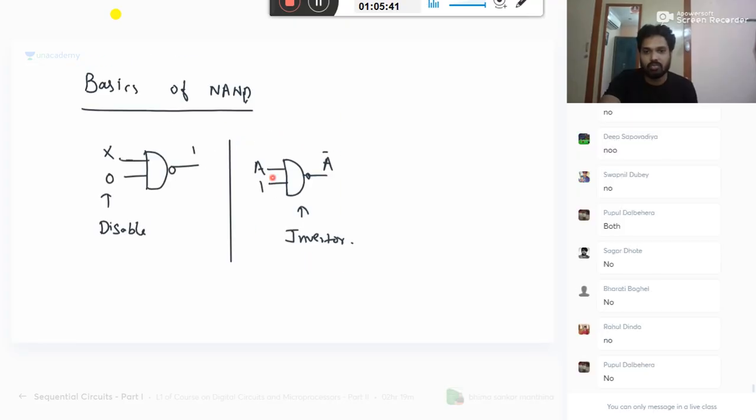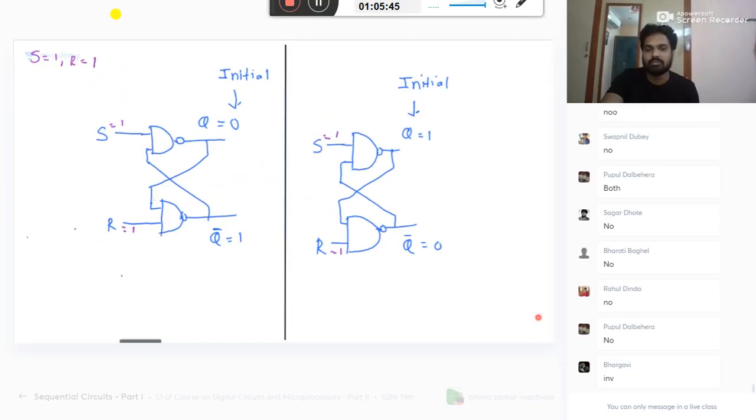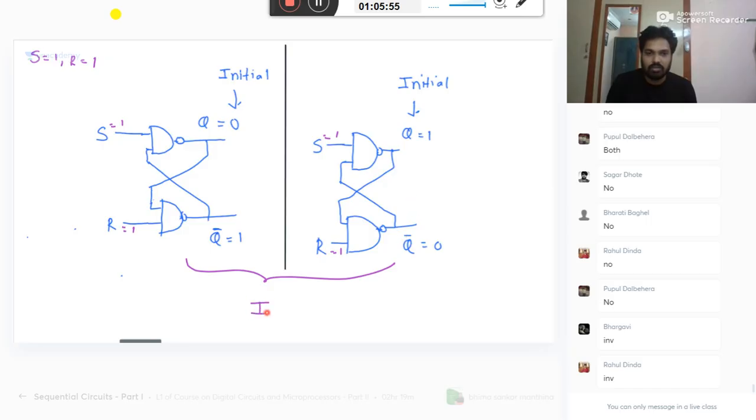And since one of the inputs is 1, it will work like an inverter. Or you can say, because one of the inputs is 1, it is nothing but this condition. You accepted?